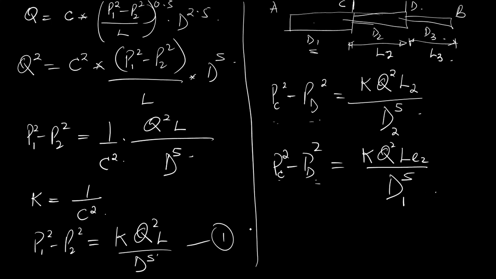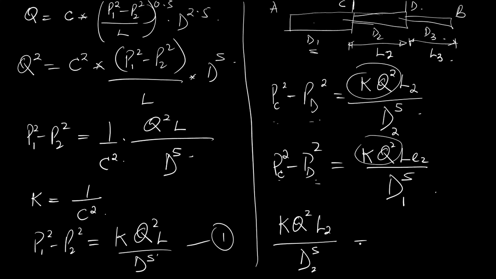So meaning that since this and this are the same, we'll just say K Q square L2 divided by D2 raised to power 5 equal to K Q square LE2 divided by D1 raised to power 5.